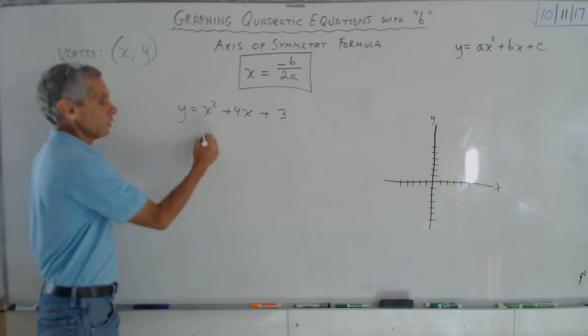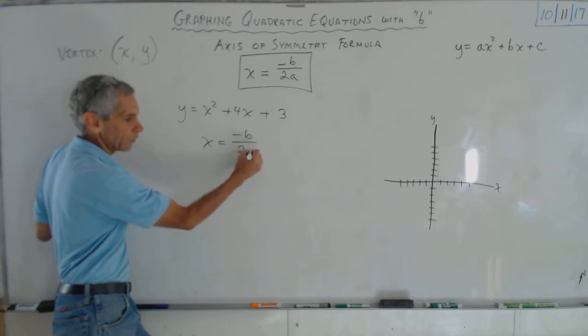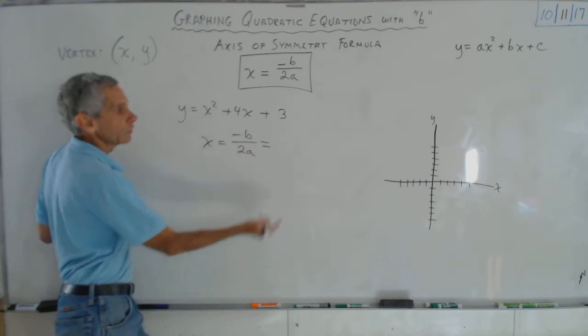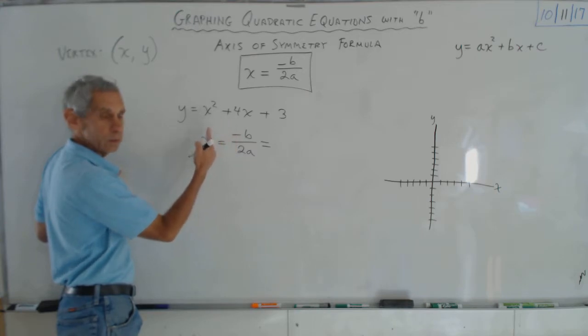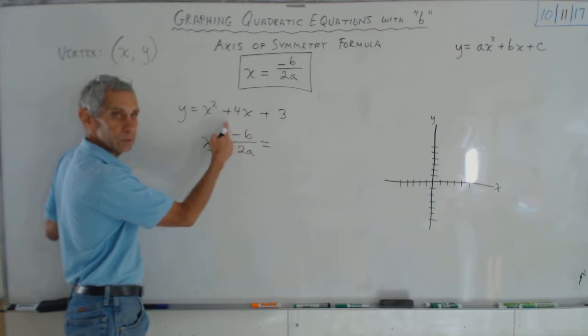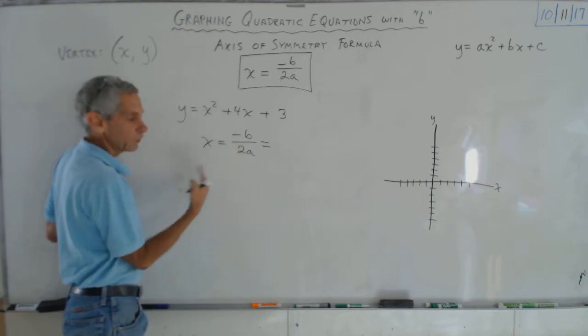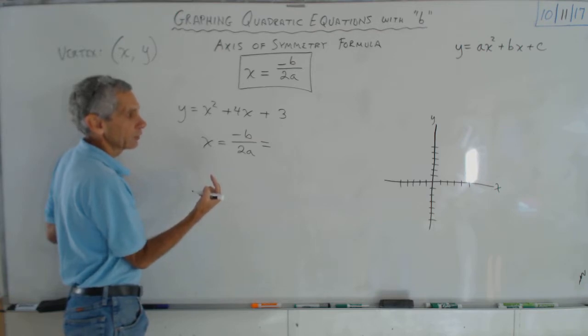So here we go. X equals, I always write negative b over 2a first, and then I put equals negative b. What would it be? Are you writing this down? Yeah. Okay. Negative b, what's b? What's negative b? You guys awake? It's -4.